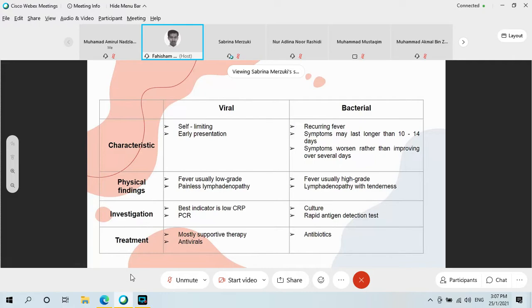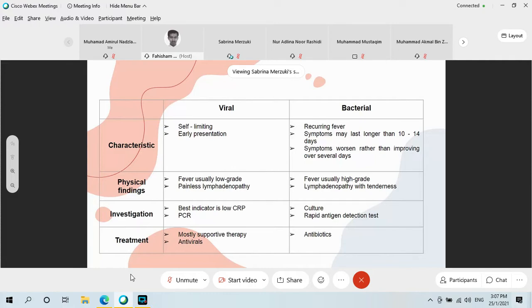Which bacteria can cause lymphocytosis? Mycobacterium tuberculosis. No, not really. That one can be normal. If you see lymphocytosis, meaning that the lymphocyte is elevated, which bacteria?